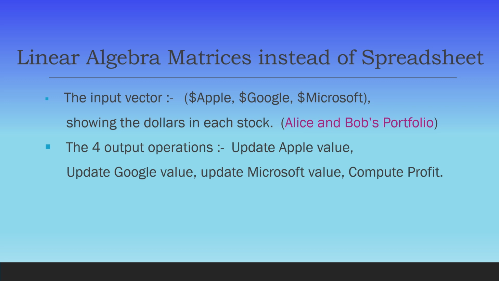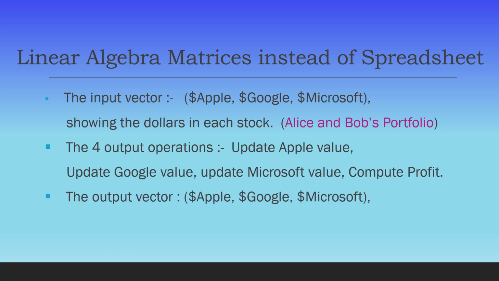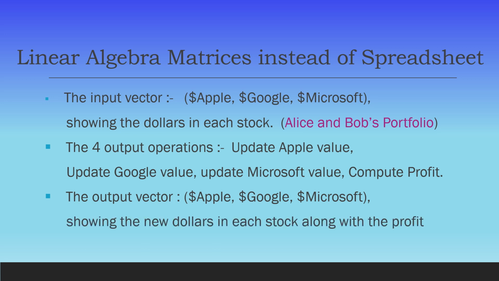So we should compute the profit also. Then the output vector will be not only the new values for Apple, Google, and Microsoft stock, but also the profit or loss values. So the ultimate thing you get, the output vector, will be Alice and Bob's new portfolio values along with the profit or loss.